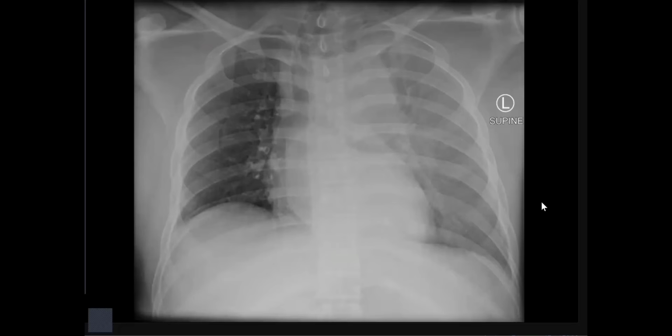Summarizing my findings, there is widening of mostly the superior mediastinum with diffuse opacity along the left hemithorax. With the history of trauma, I would be suspecting mediastinal injury, any major vessel injury.